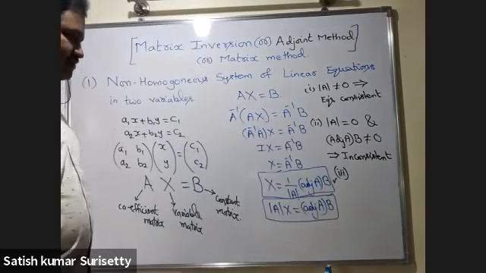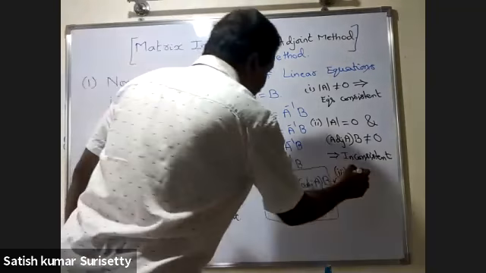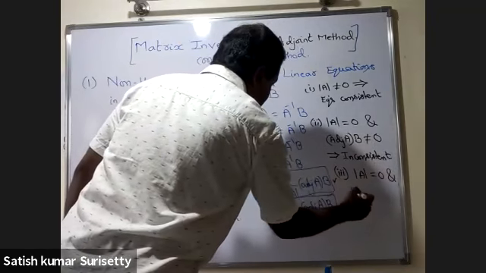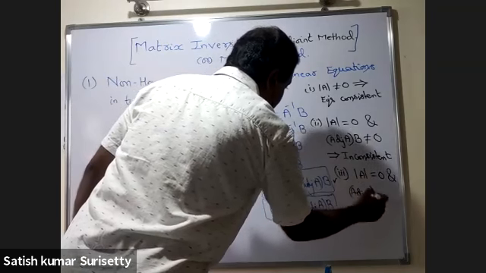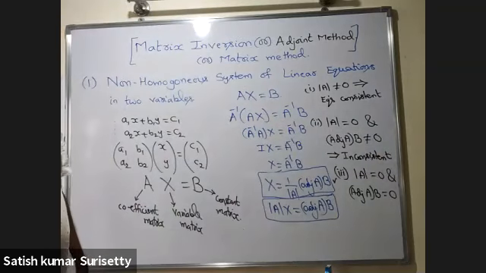Third case, determinant of A equal to 0 and adjoint of A into B equal to 0.